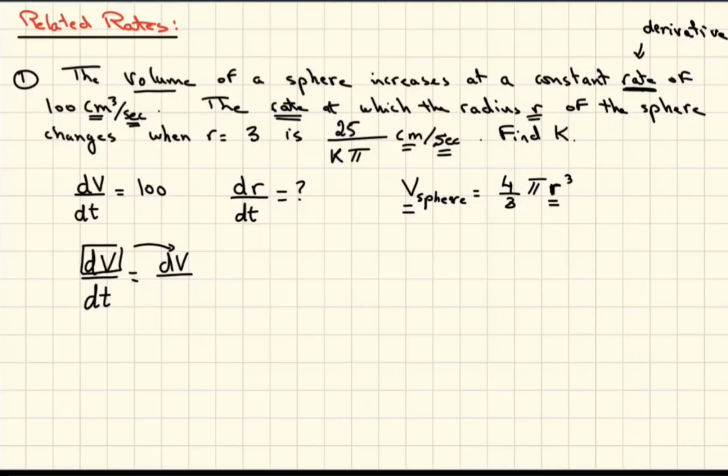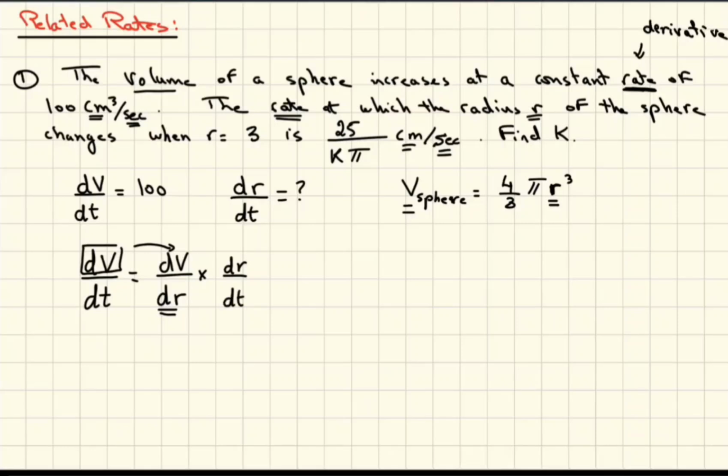So I have to use the chain rule. It will be dV over dr because the volume is related to r, multiplied by, now you stopped at dr here, so you should start again with dr over dt.